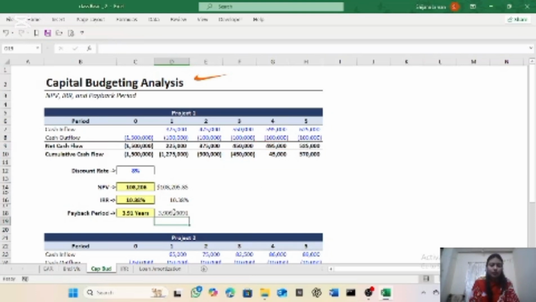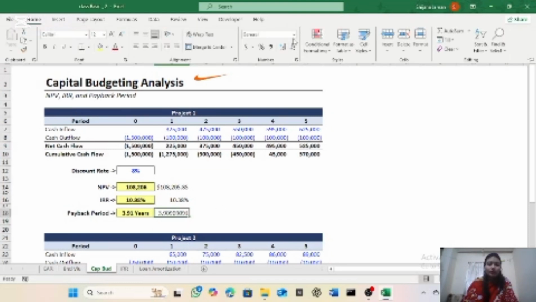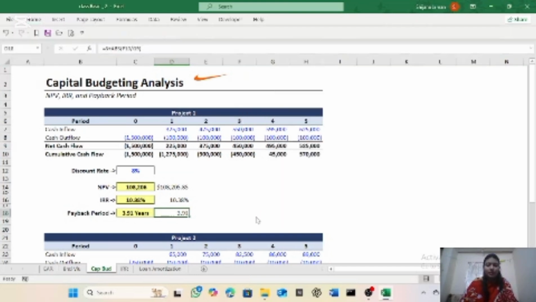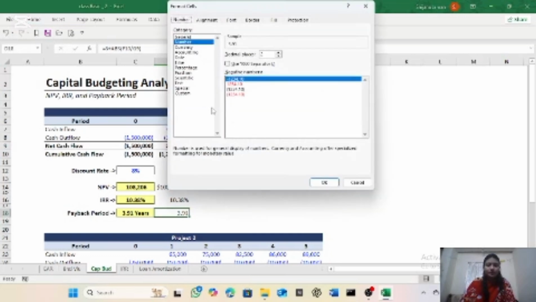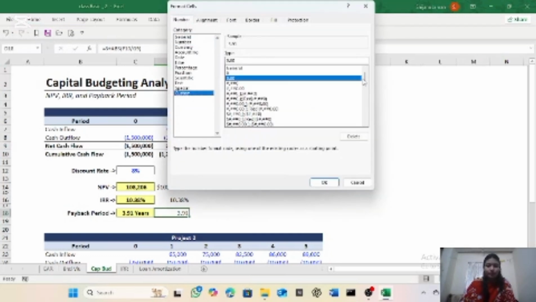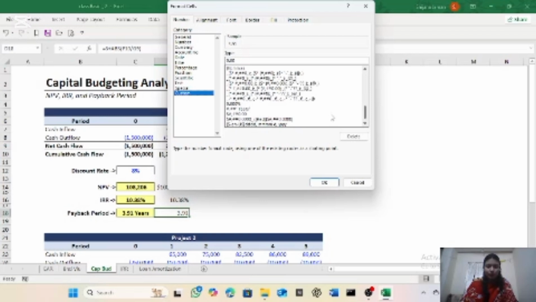Now we convert it into number. So 3.9 years our payback period. If we want to include the word years, we have to go to number format, more number formats, choose custom, and we choose years.